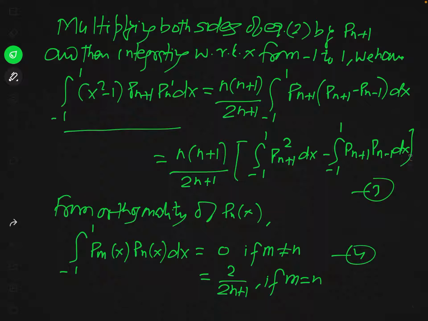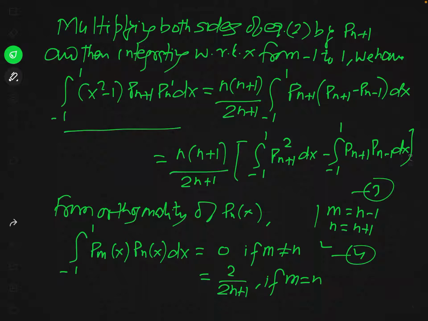We have already studied this property of Legendre polynomial in the previous lecture. So now let us use this orthogonality property of Legendre's polynomial in this equation 3. You can see in this problem, actually here m is equal to n minus 1, then n is equal to n plus 1.